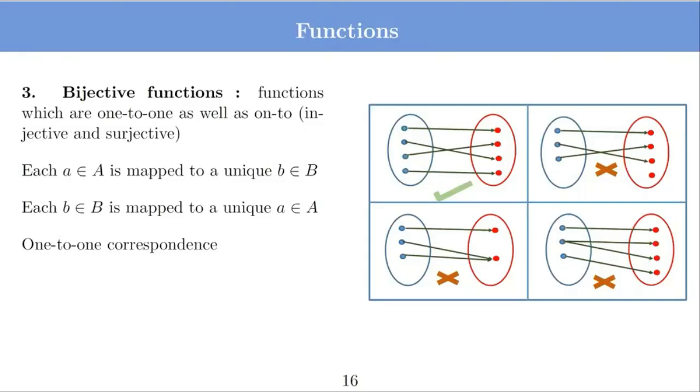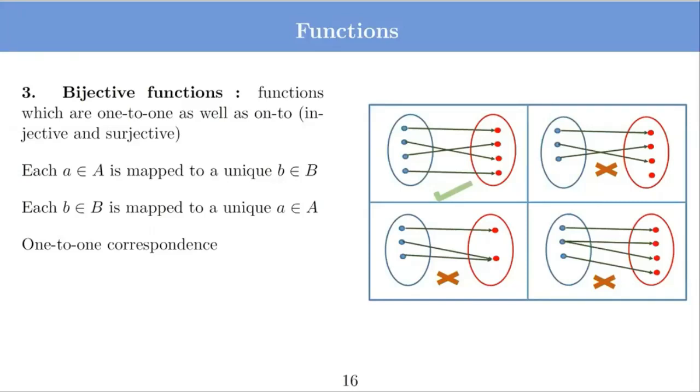So bijective functions are those where both sets A and B are covered. It means every element of A is mapped to B and every element of B is mapped to A, and each is mapped to a unique element in the other set.